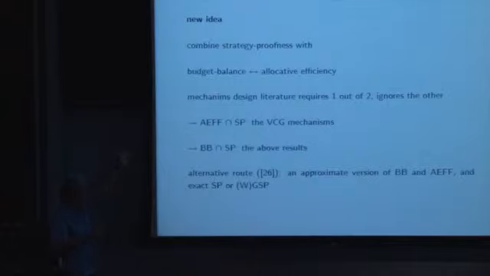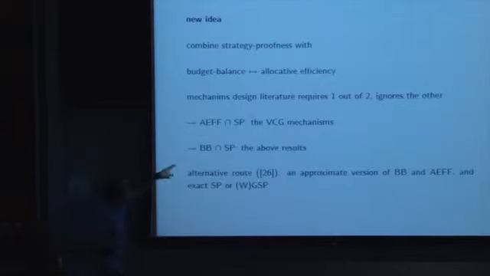You would like to balance the budget. You would like also to achieve allocative efficiency, namely the level of demand which maximizes the total surplus, the sum of the ui of xi minus the cost, and typically the literature focuses on one of these two criteria and ignores the other.